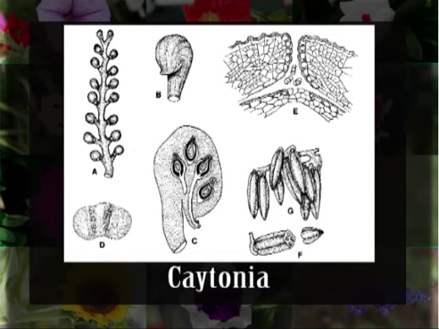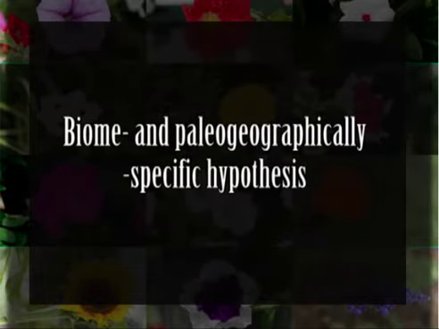However, more work is needed to understand the anatomy of ovules and fruit-bearing rachis of seed ferns or to ascertain homology with functionally equivalent features of the unripened seeds, carpels, and fruits of angiosperms. Another hypothesis is the biome and paleogeographically specific hypothesis.